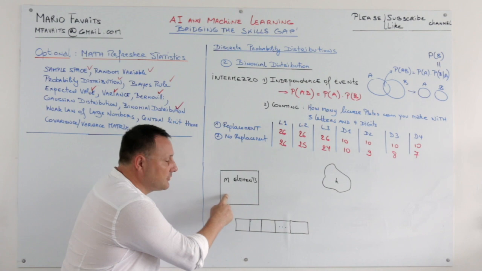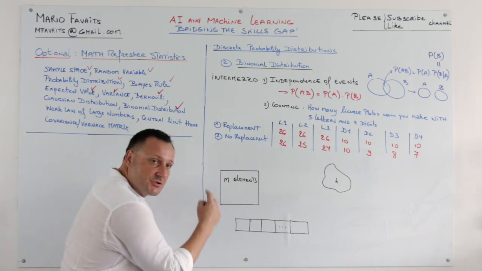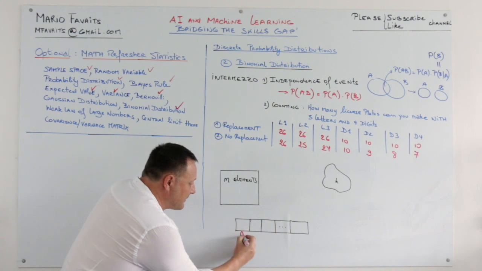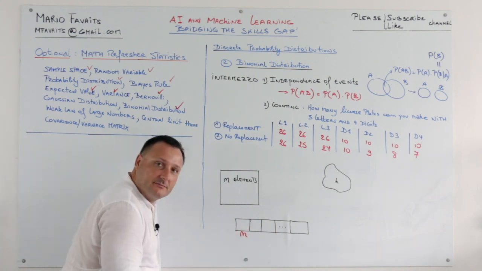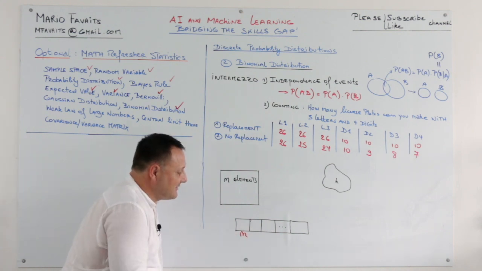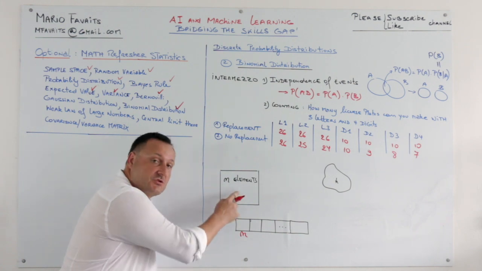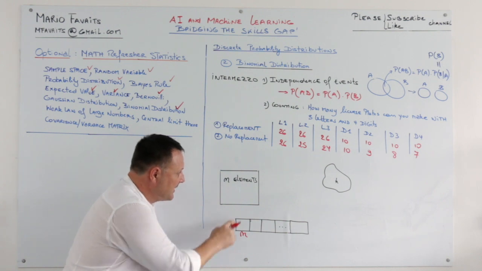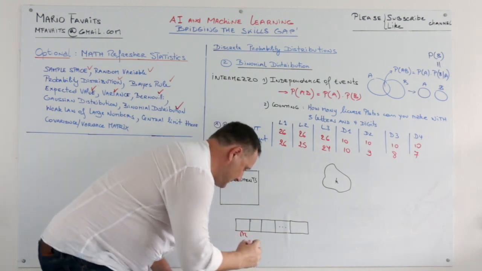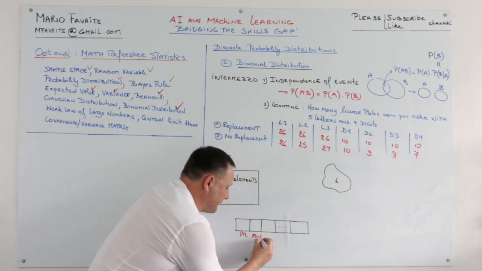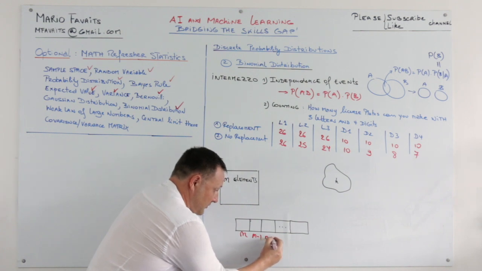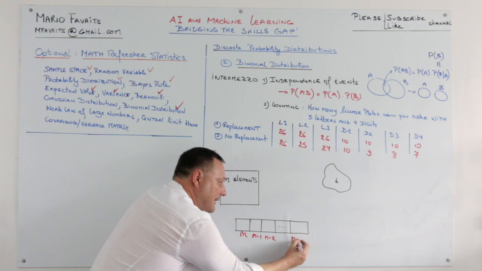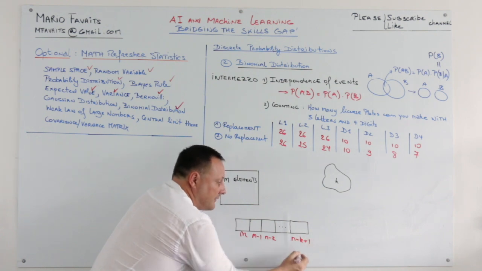I go to these n elements and I choose my first person. That means that I have n options. Since I already chose the person, I cannot choose it again, so this is no replacement. The second time, I have n minus 1. Third time, n minus 2. Until the end, n minus k plus 1.